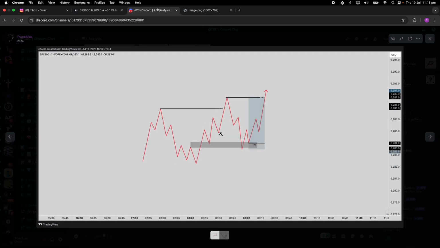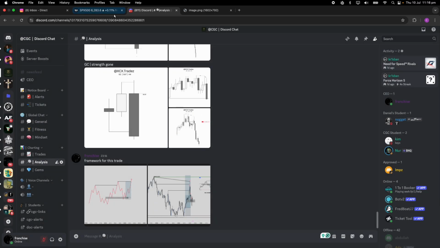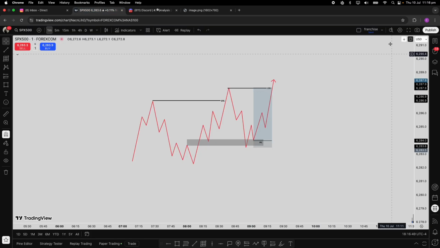Yeah, framework for this trade: take out ERL, move to IRL, move back to ERL. So I'm going to keep it simple. I'm just going to leave it like that.